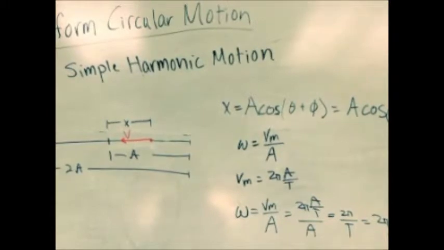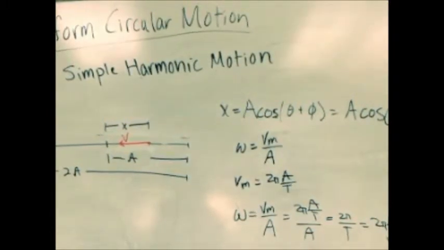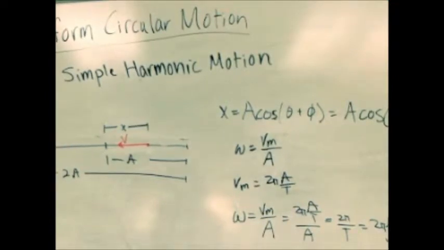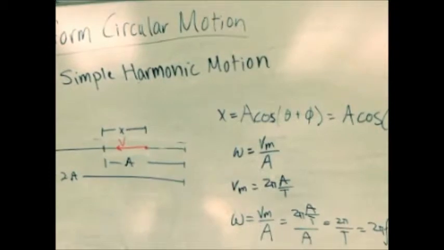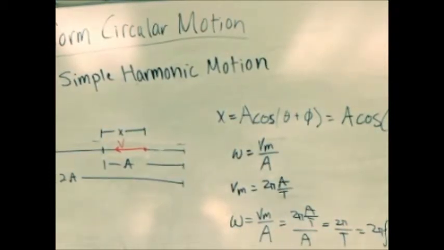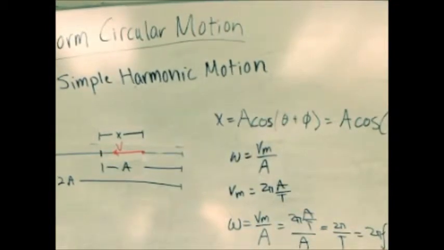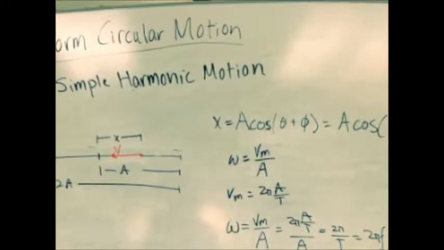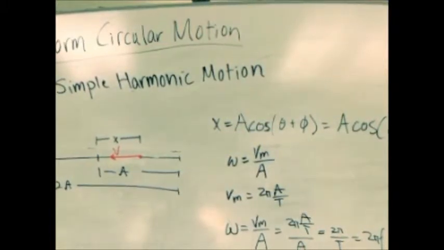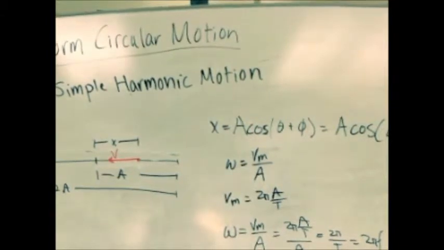And to check to see if this corresponds with our original view of uniform circular motion, we solve for the period. We get omega is equal to v sub m over a, and we know that v sub m is equal to 2 pi times a over T. So we solve for omega, which is equal to v sub m over a, which is equal to 2 pi times a over T over a, which gives you 2 pi over T, where T is the time it takes to complete a full revolution.